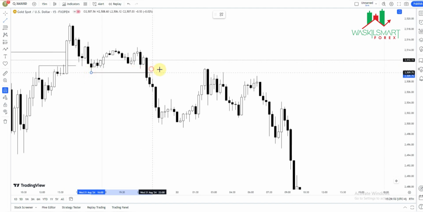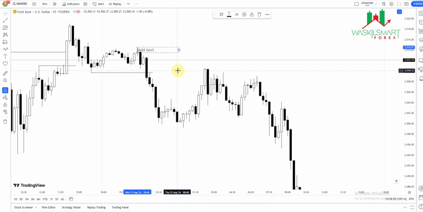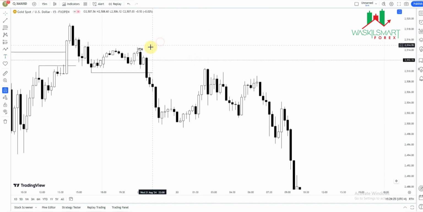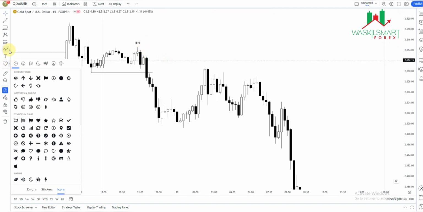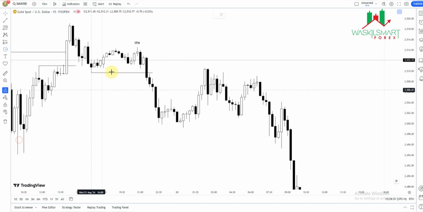So which means that at this level here, I have my intermediate time high. Let me put a blue so that we're able to identify it. So I have my intermediate time high at that level here.